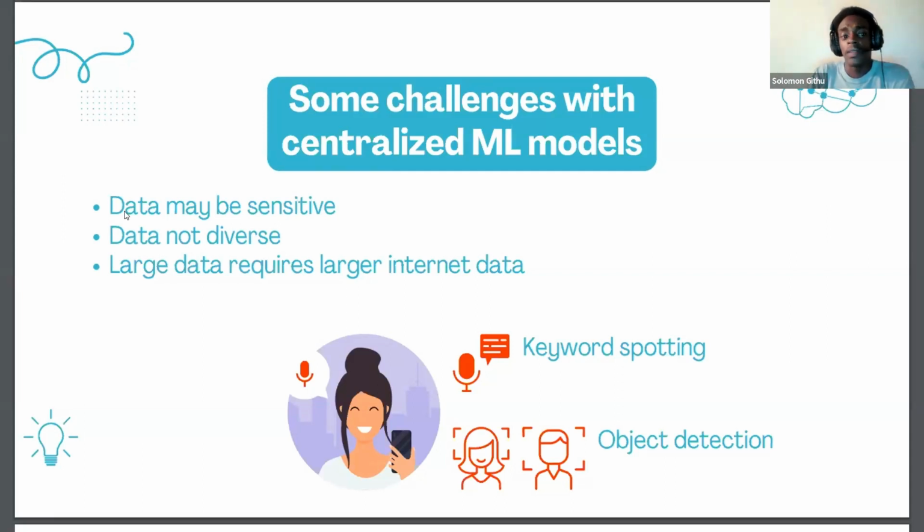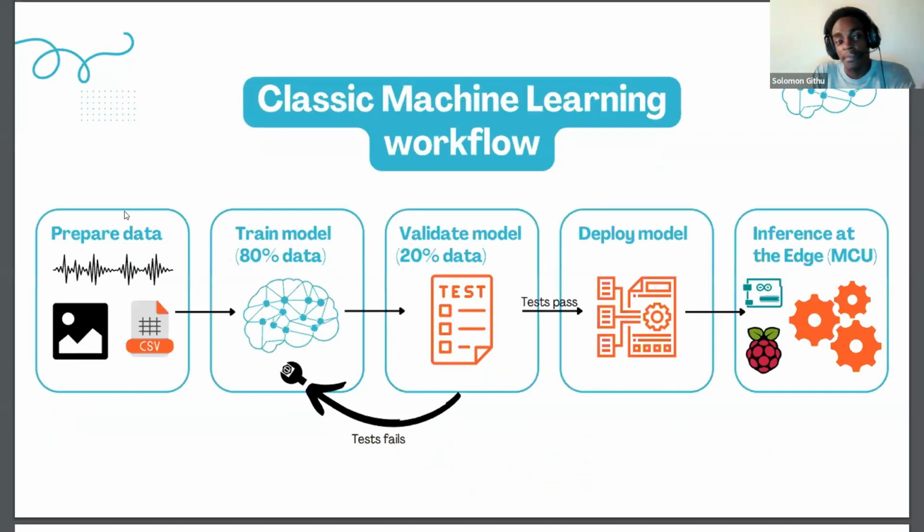The other huge problem is the quantity of data. Let's say, for example, you have an IoT device, like a Raspberry Pi, which is collecting images, and you want to train a machine learning model to identify if there's an elephant in an image. The problem with the centralized approach is that your Raspberry Pi will need to collect maybe 1,000 images.